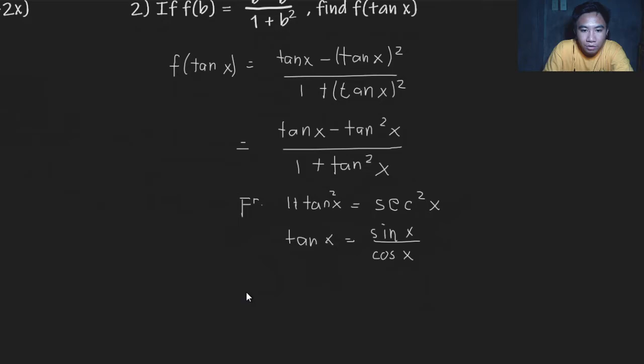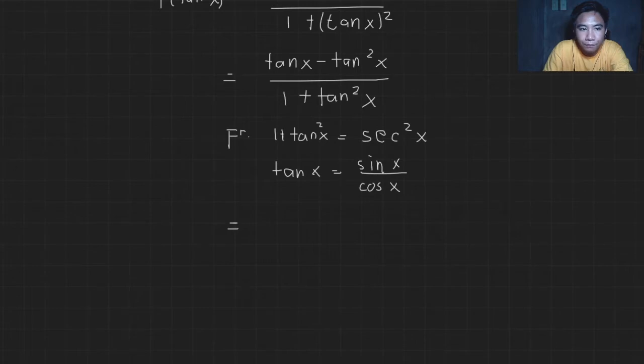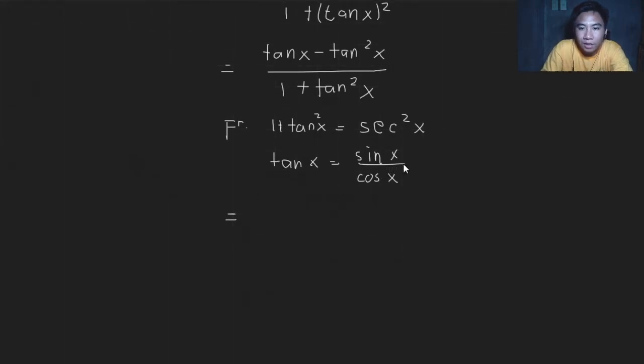Then, kapag sinubstitute natin yan, our value will be sin x all over cosine x minus sin x all over cosine x, squared. Kapag in-squared natin, magkakaroon ka ng sin squared x at cosine squared x.